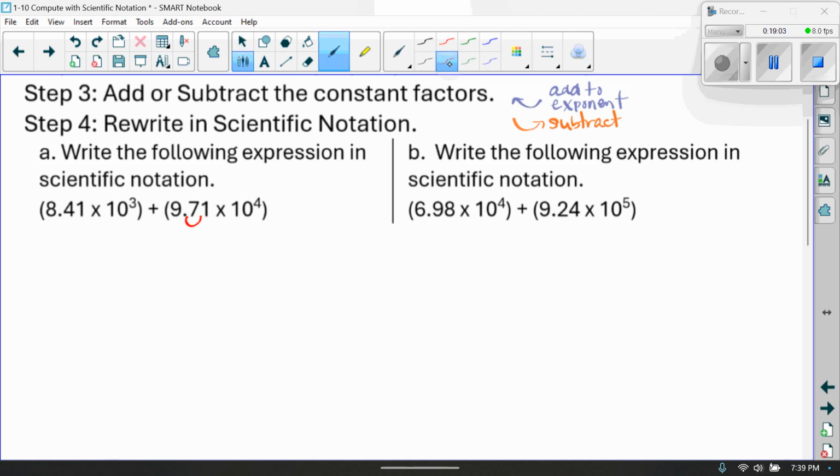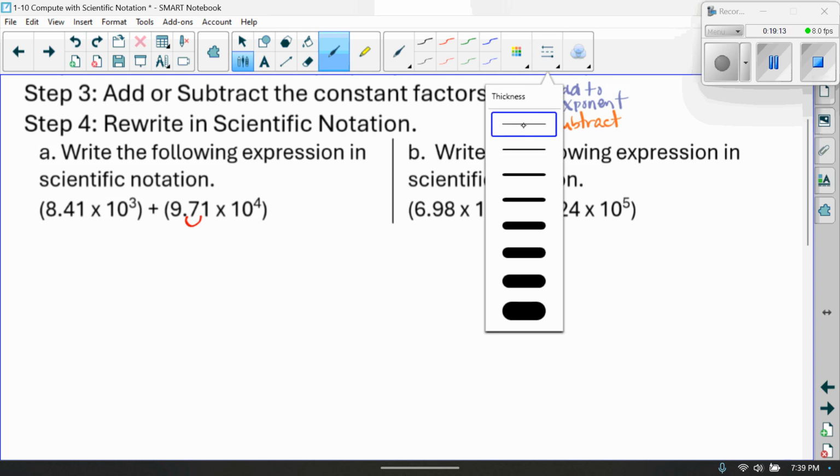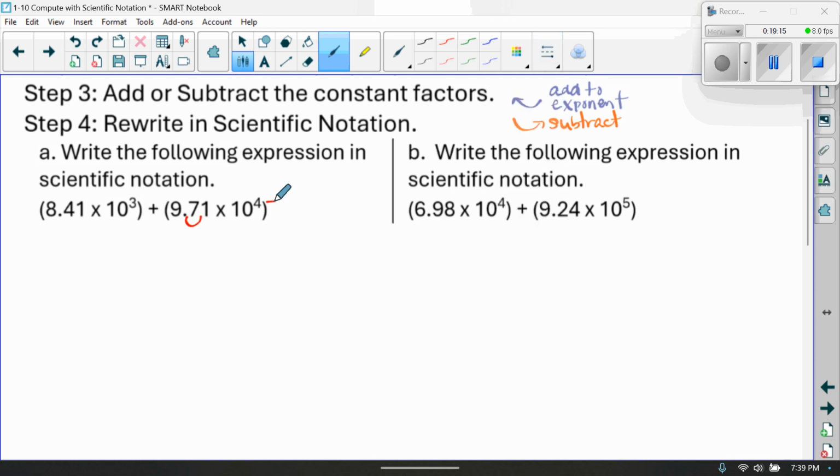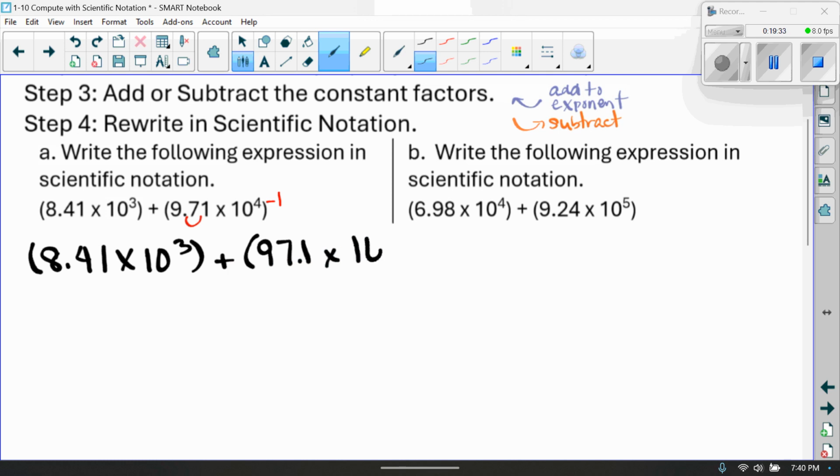So that means, if I'm moving to the right, I need to subtract from the exponent. So we are going to subtract 1 from here. So now I'm going to rewrite. So I have 8.41 times 10 to the third plus 97.1 times 10 to the third.